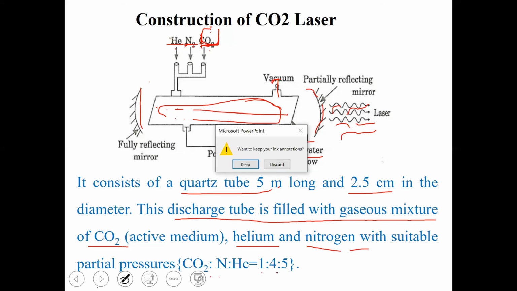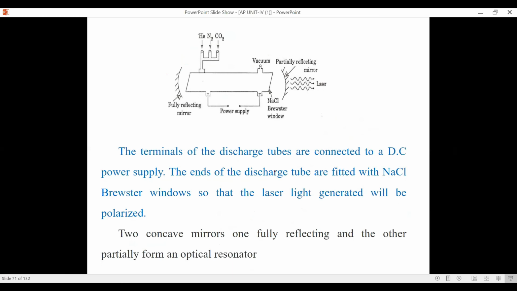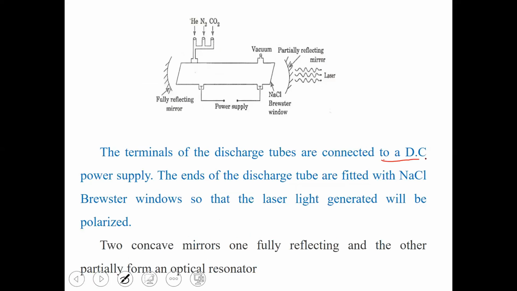The terminals of the discharge tube are connected to a DC power supply. The discharge tube is fitted with a NaCl Brewster window, so the laser light produced is polarized.